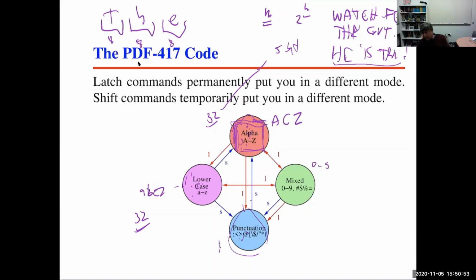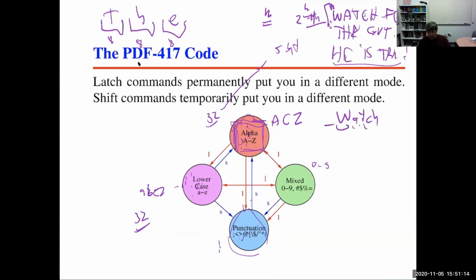So if I had things from lowercase, the report, if it was lowercase, I'd like to be in lowercase and here permanently jump into the next mode. Or if it was a word like the capital W-A-T-C-H, I'd like to temporarily go into that.